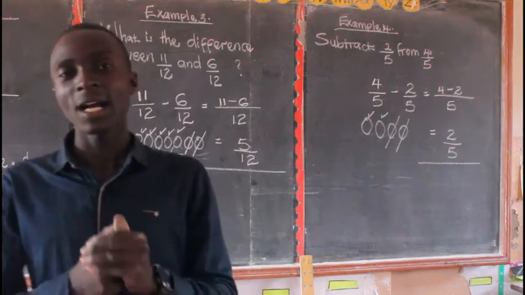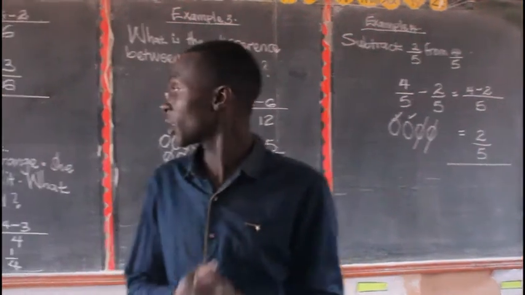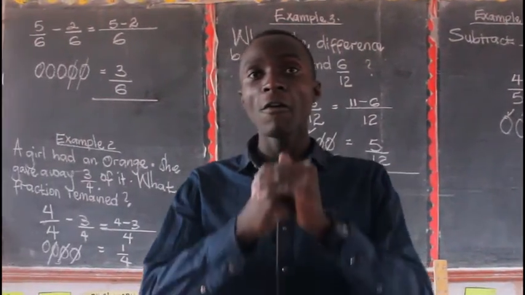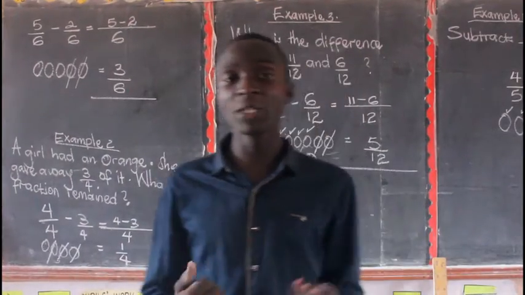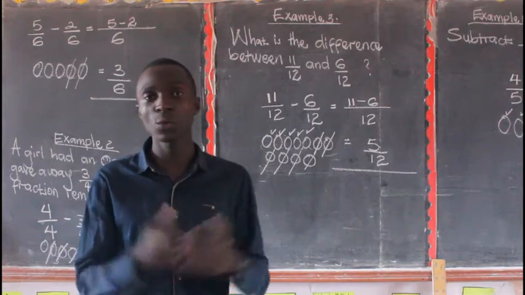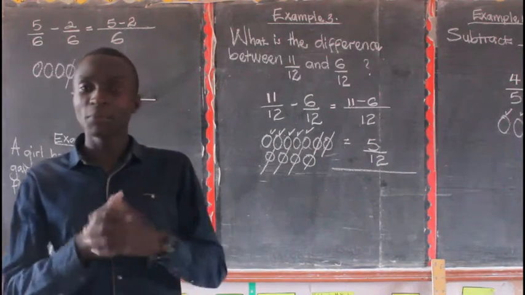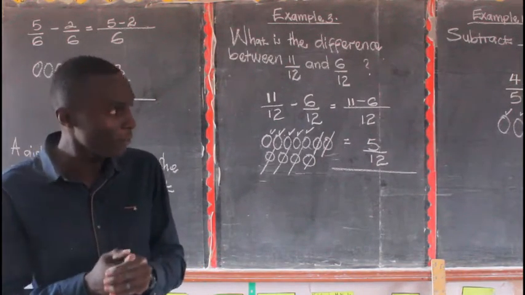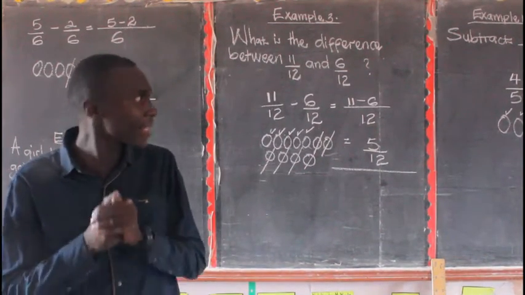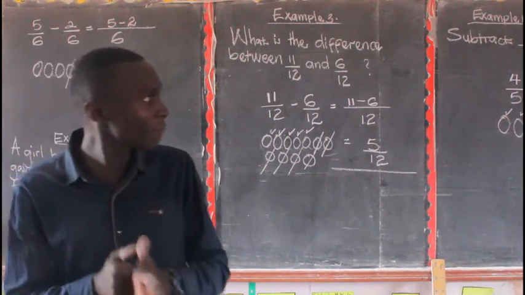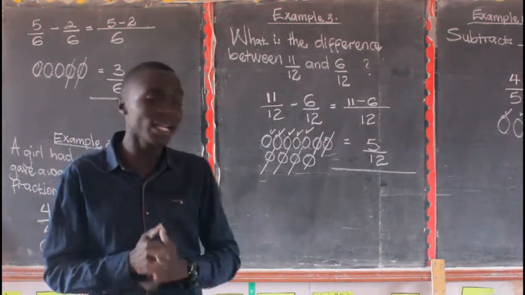So today, my good children, we have looked at subtraction of fractions. Word problems involving subtraction of fractions. That's what we've seen. Hope you've been very critical to this. We have here the word from. Those are the key words.